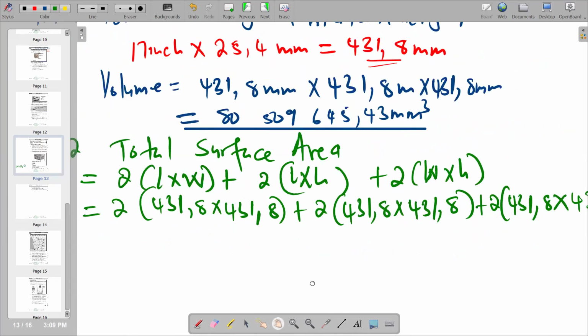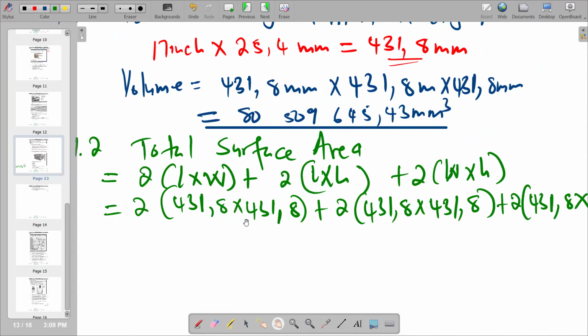From there, we take 431.8 times 431.8, and the answer that we get we multiply by 2.